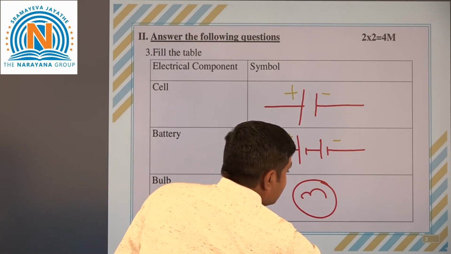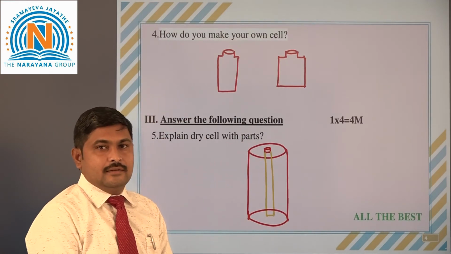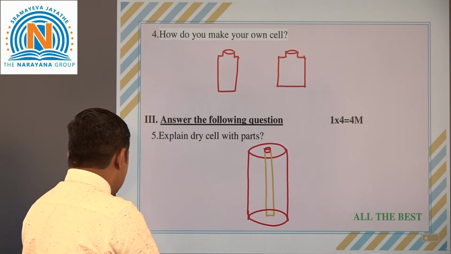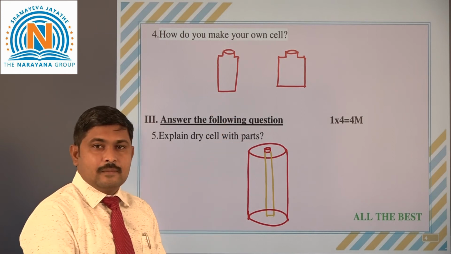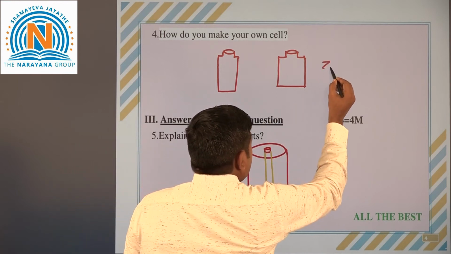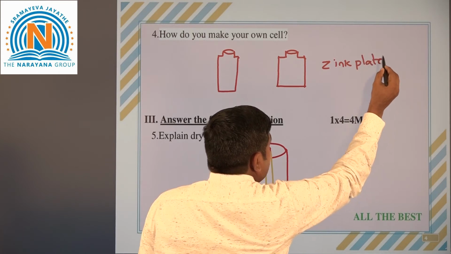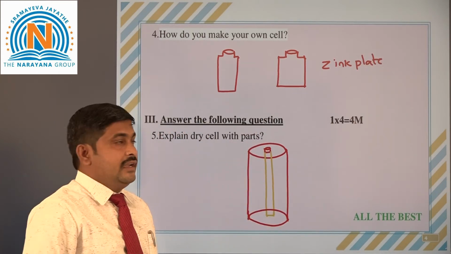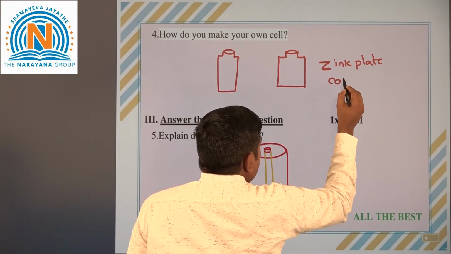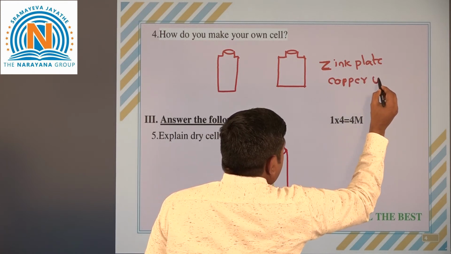Next we go for the fourth question, that is, how do you make your own cell? To make the cell, the required things are two syringe bottles and a zinc plate, which we can take from a dead dry cell, and another one we can take is a copper rod or copper wire.